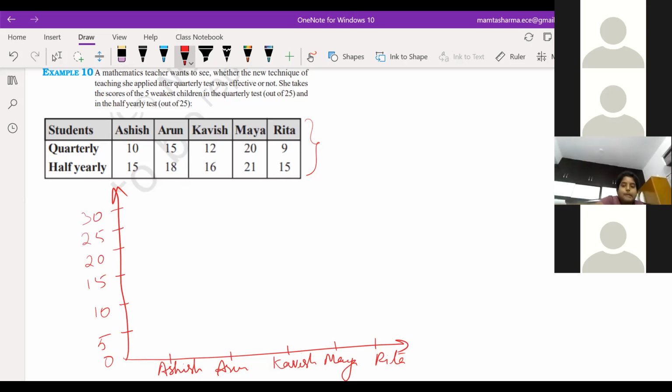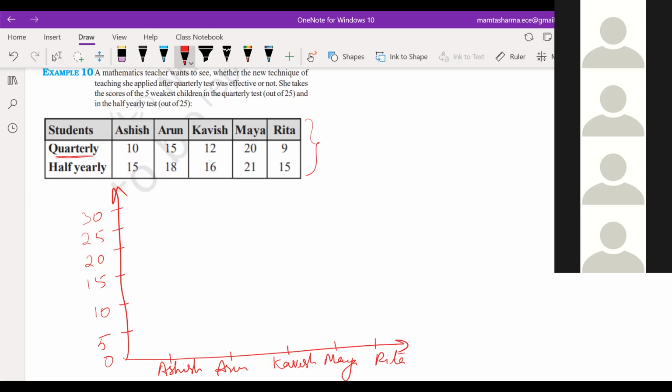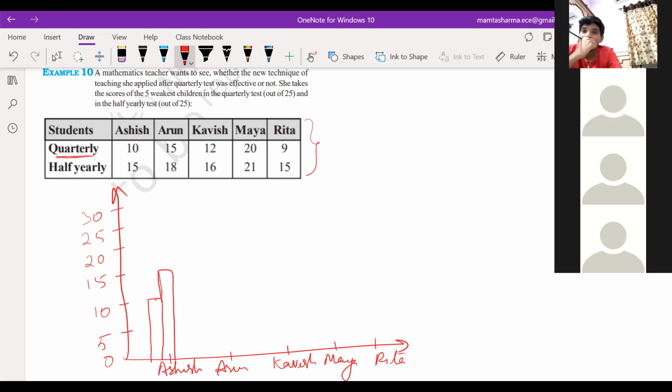For Ashish, in the quarterly exam, Ashish scored 10 marks. For half yearly, Ashish scored 15 marks. So this would be the double bar for quarterly, and this would be for half yearly.